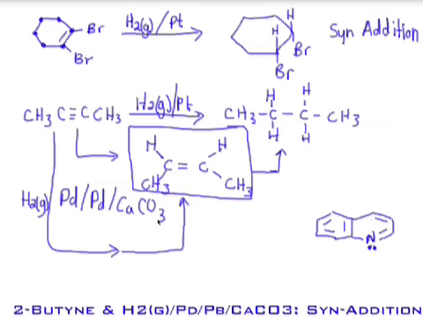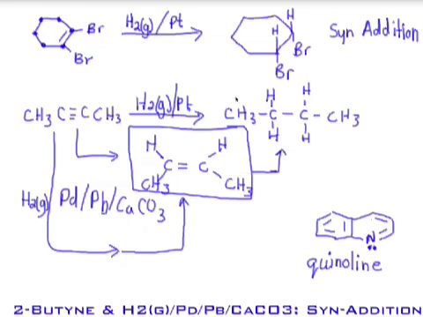If you use palladium, lead, calcium carbonate, you will also stop at the alkene. Both catalysts work. So watch for that: palladium, lead, calcium carbonate, or palladium and quinoline. These are catalysts that have reduced activity and will react, yielding cis-alkene.